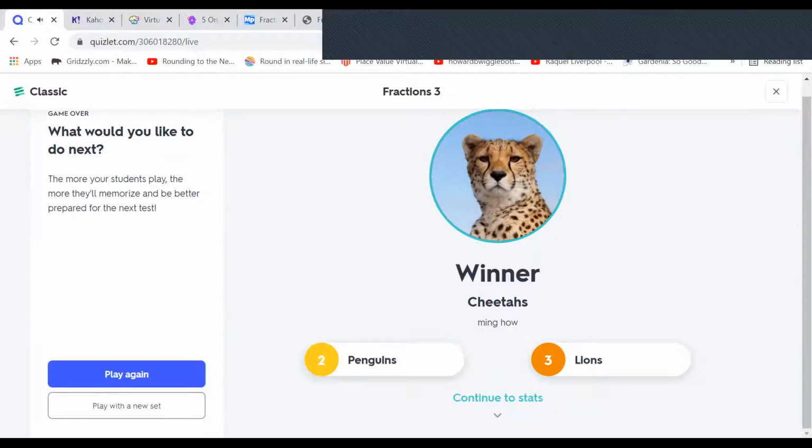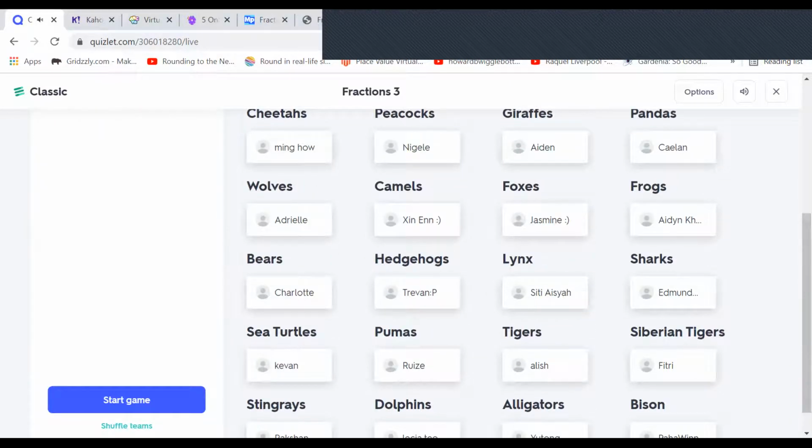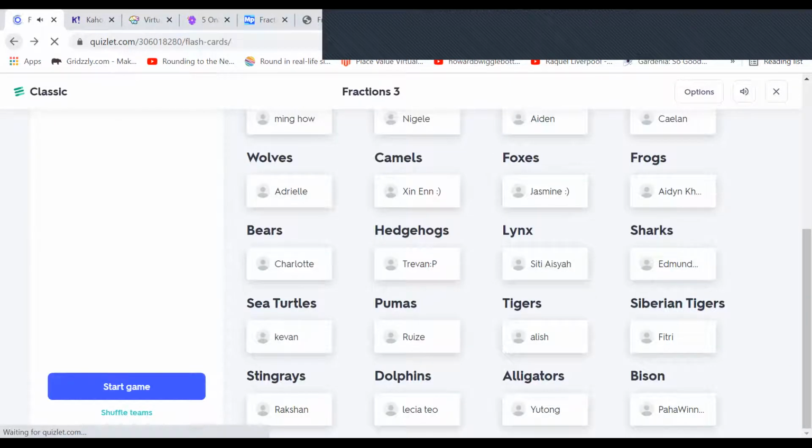Now, for Rakshan to experience, we will try it as a team, shall we?